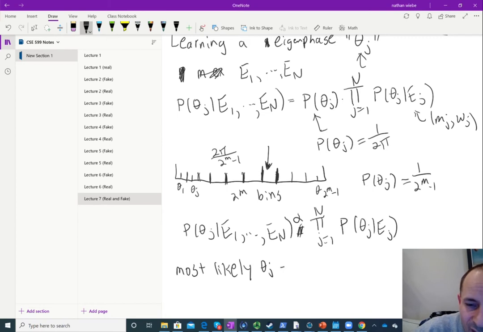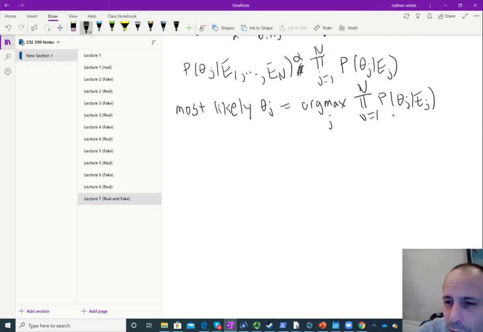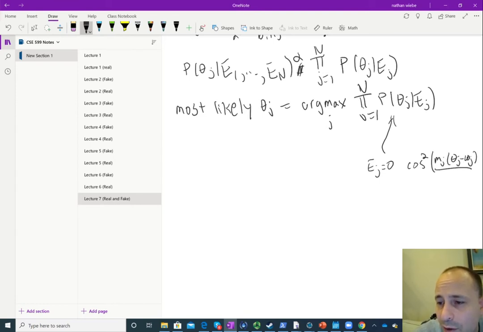And so the most likely theta j is equal to the argmax over j of the product from j equals 1 to n of P of theta j given ej, where again this probability is going to be of the form, for ej equals 0, cosine squared of mj times theta j minus omega j divided by 2.